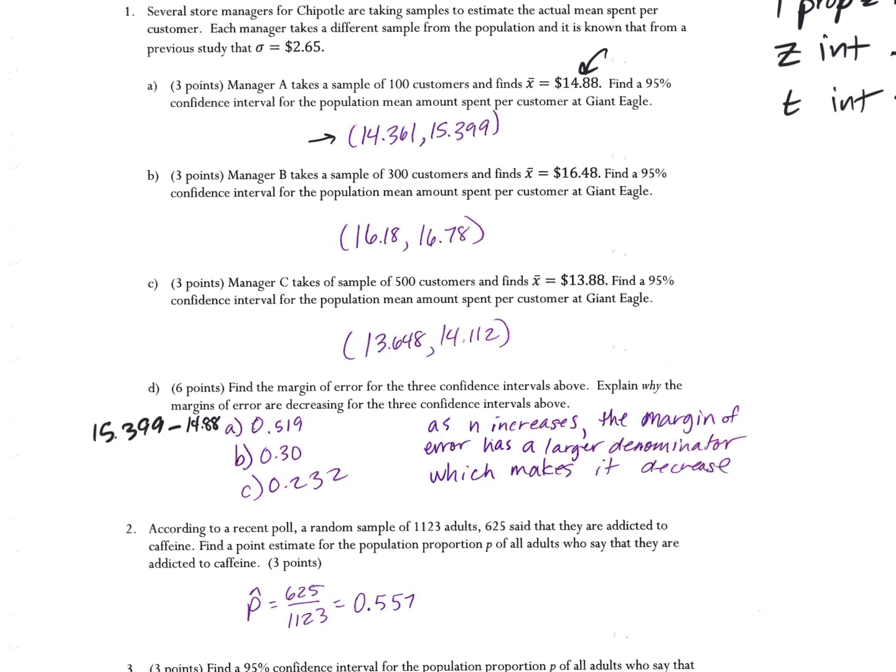That will give me my margin of error. My other option is to find the distance between the two and then cut that in half. Okay, but one interval is 2 margins of error wide. Is everybody okay?